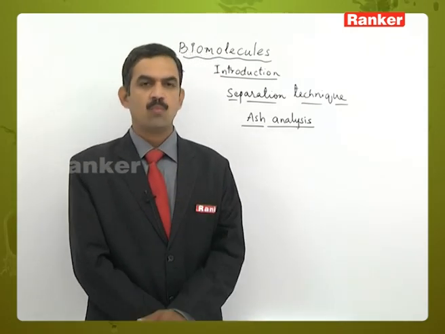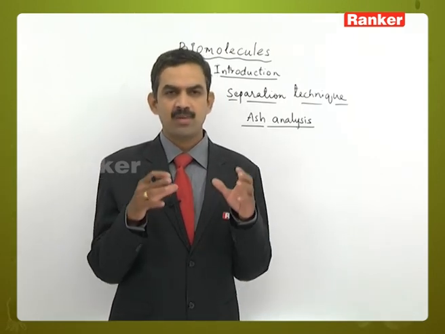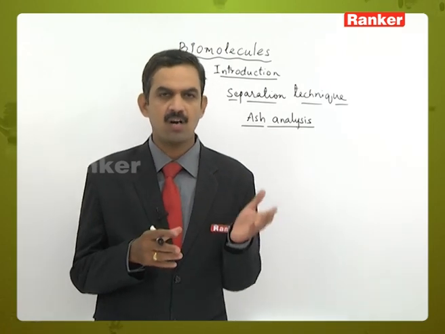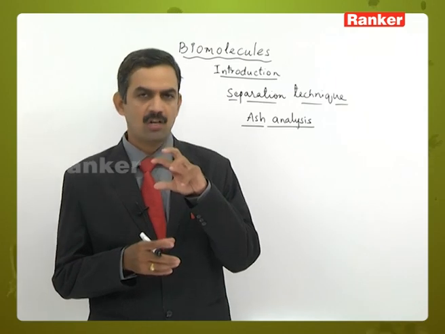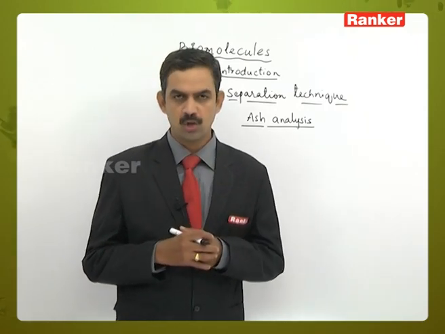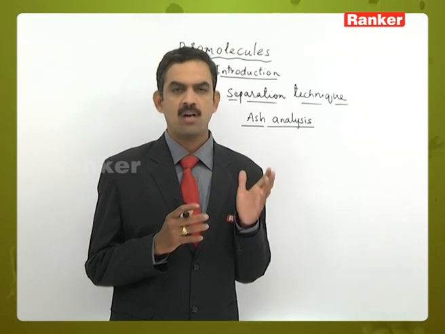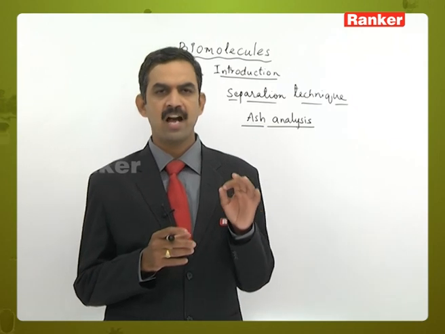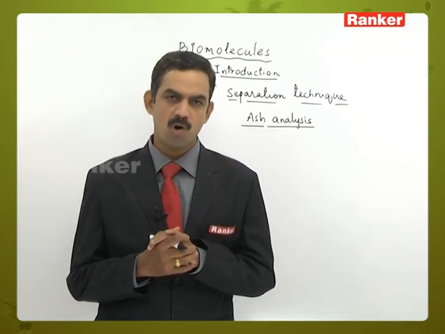And before that, what is a biomolecule? As already said, all the chemicals which are present in a living body or living cell, or a non-living body or any earth crust, are called biomolecules. Otherwise, we can say a chemical or substance made up basically of carbon, hydrogen and oxygen is considered a biomolecule.